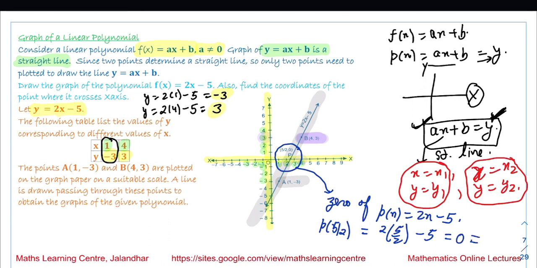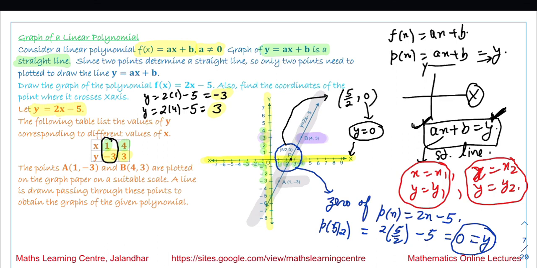Because we are saying this is the value of y. And by looking at this graph, what does y equal to 0 mean? Value of y equal to 0 means we are talking about all these points on the x-axis. At all these points, y is equal to 0. So at this point P, we have the coordinates 5 by 2 comma 0.